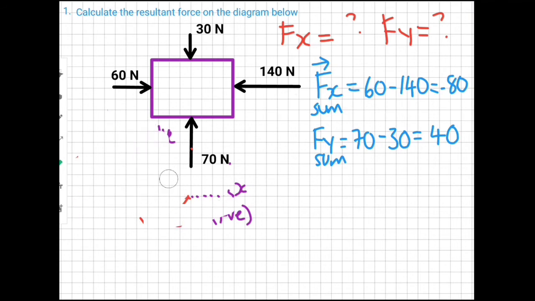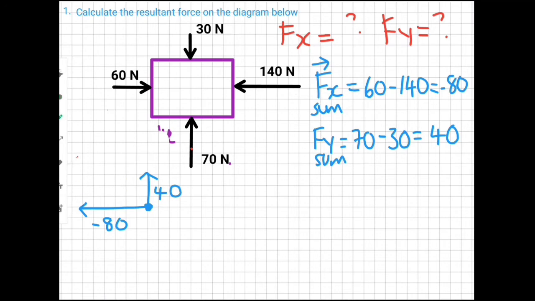So the sketch of the resultant will now look like this. On the x, I go back 80. Then on the y, I'm going positive 40. Now, the resultant vector must be the diagonal of the parallelogram that I draw in by manipulation.